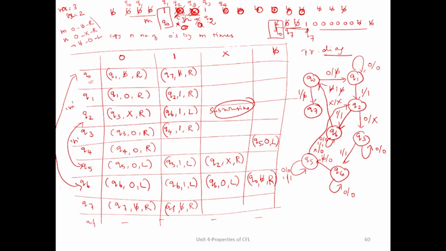Then from Q7, if 0 is available, that will be replaced as blank space. If it reads 1, 1 will be changed as blank space and the final state will occur. So this is the diagrammatic representation of the multiplication operation using a Turing machine. Thank you.